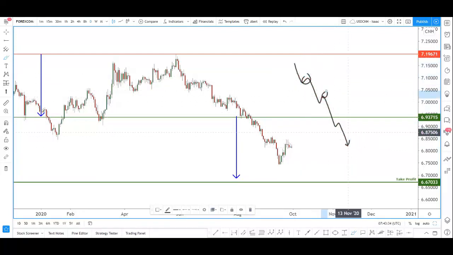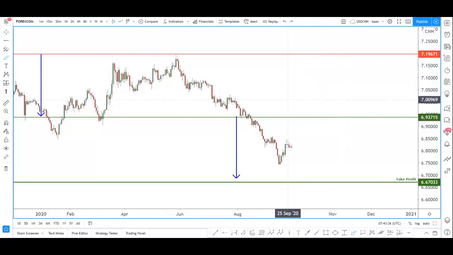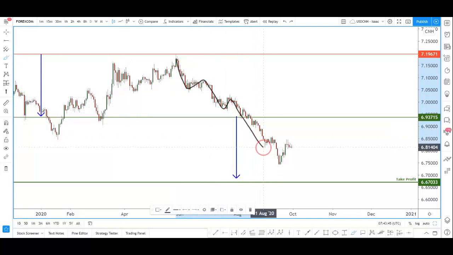And if we look at the price pattern here, it's the same thing: low, high, lower low, lower high, lower low, lower high, lower low, lower high. So we should expect price to make a lower low.